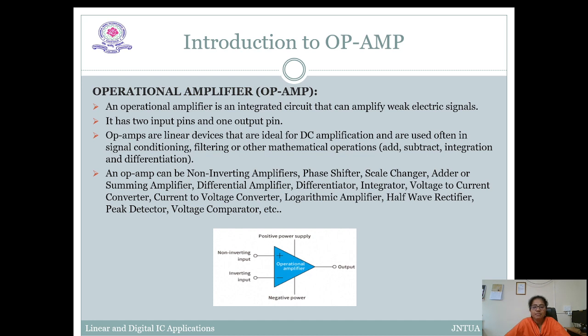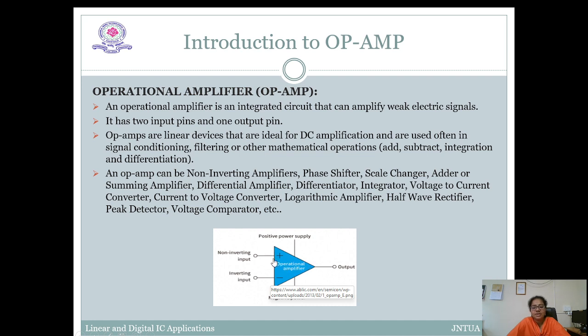So an op-amp can be a non-inverting amplifier, a phase shifter, scale changer, adder or summing amplifier, differential amplifier, differentiator, integrator, or voltage to current converter, right? So there are many applications of the operational amplifier. If you see here, this is the symbol of an operational amplifier. The arrow indicates the current flow direction.